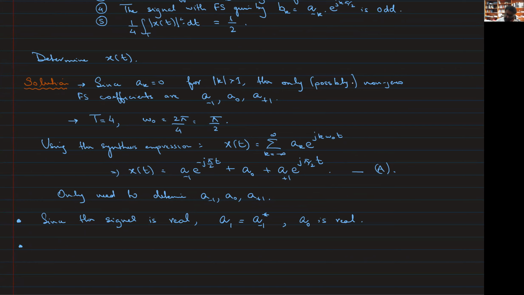So the signal corresponding to b k is just a shifted and flipped version of x of t, and therefore must be real.